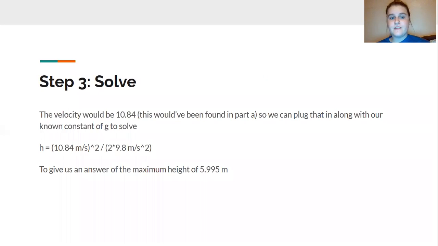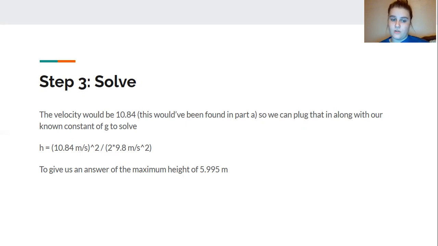So to solve for this, you need to know the velocity. It's not given in this problem, but in part A of this problem, you would find the velocity to be 10.84 meters per second, which we can use to plug in along with what we know to be the constant of g to solve for the maximum height.